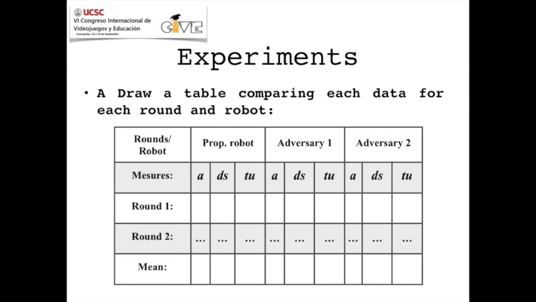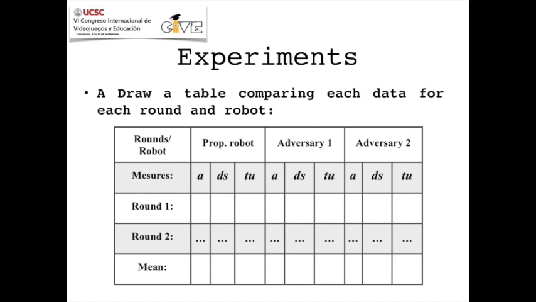At the end of the experiments, the students were required to draw a table comparing the data from each round and robot. At the top of the table, we have the robots that were fighting in the arena. At the left, we have the rounds. Each line represents a round.